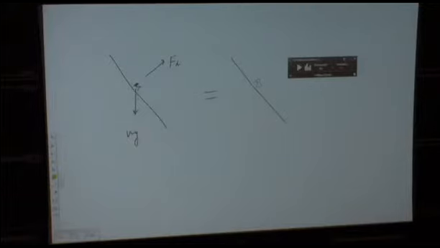Ramp, normal, mg parallel, mg perpendicular. These are standard names: parallel component, perpendicular component.